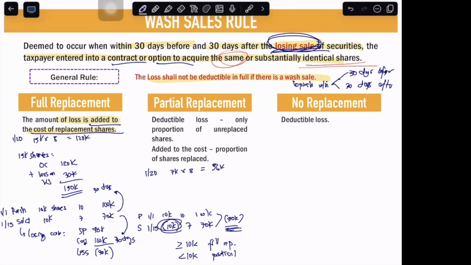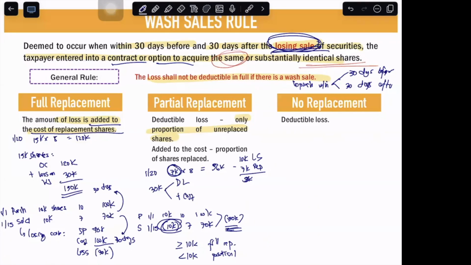So what will happen now on the 30,000 loss? For the 30,000 loss, there will be a deductible loss and there will be an amount added to the cost. What is the deductible loss? Only the proportion of unreplaced shares. Again, we have 10,000 losing shares, right? We replaced 7,000 because that is what we bought. So in short, there are 3,000 unreplaced shares.